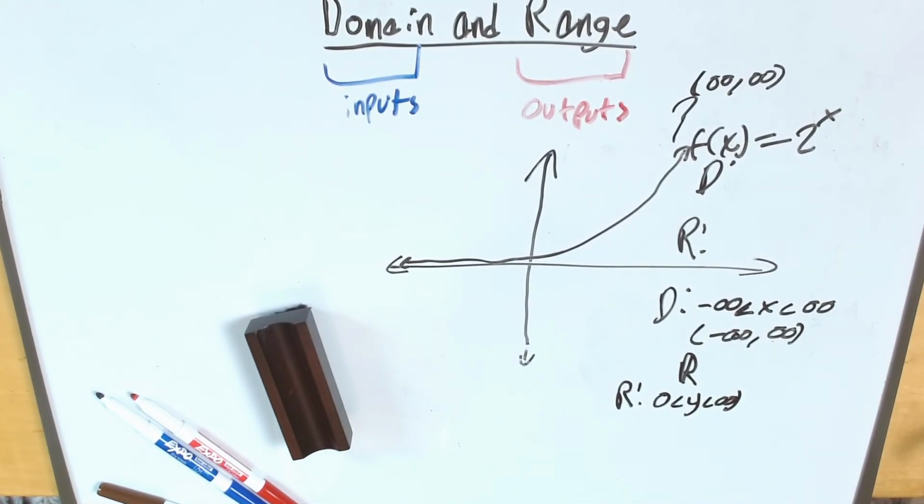We don't do an equal sign here because no value can really equal infinity. Infinity is so big that we're only ever approaching it. We can never reach it and be at infinity. So I write this as 0, infinity as well.